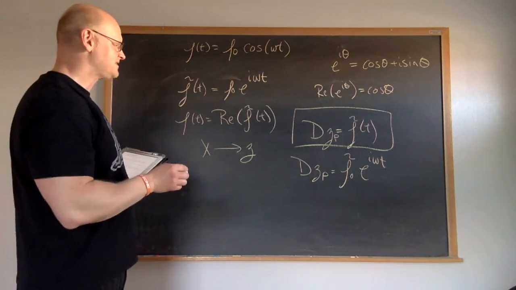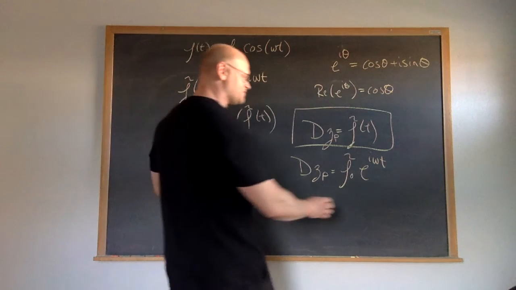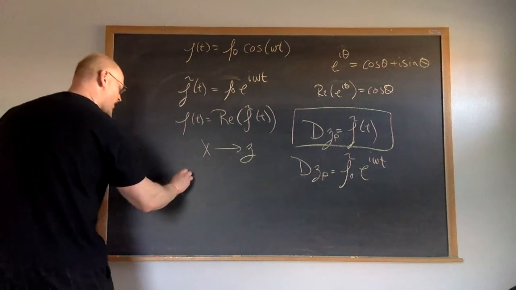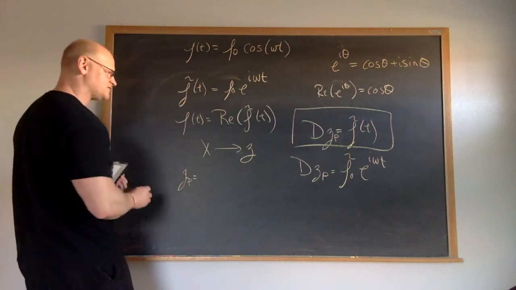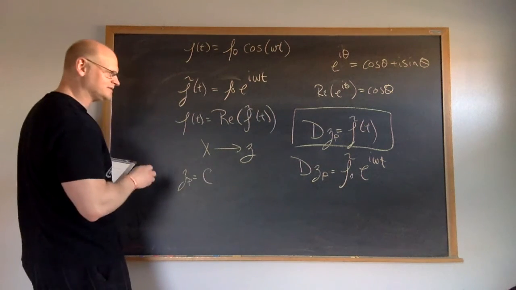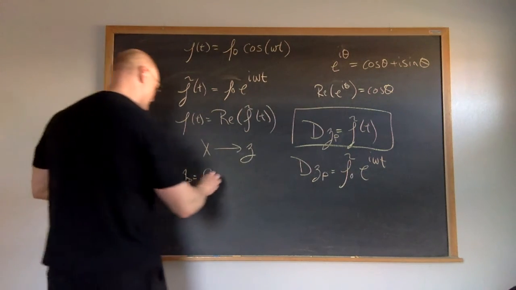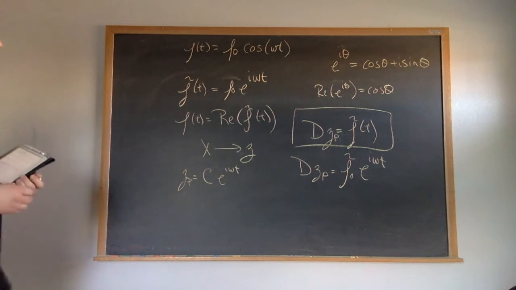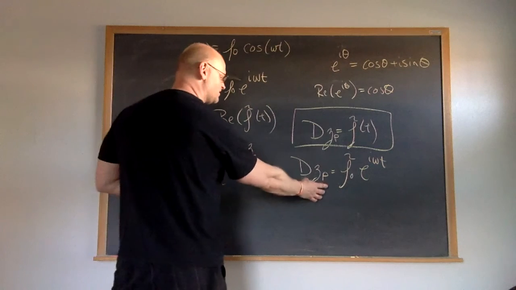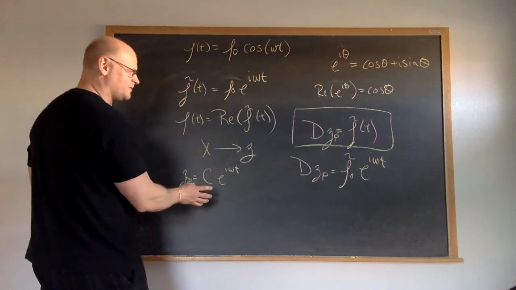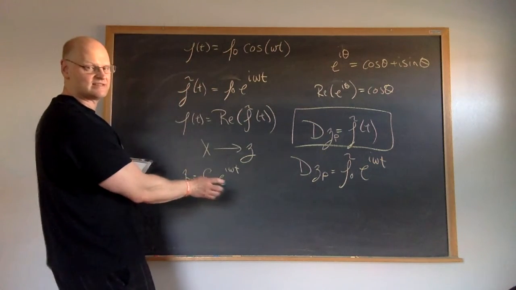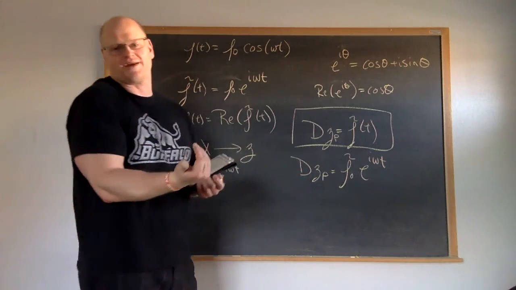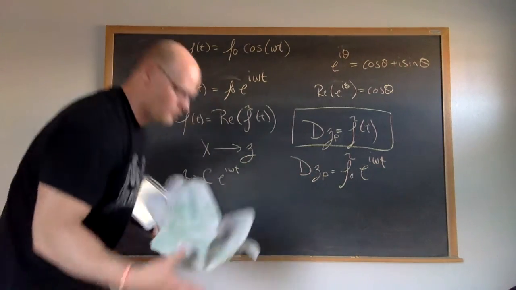Since the right-hand side is proportional to e to the i omega t, we should expect our zp, our particular solution, to be equal to some constant, let's call it c, times e to the i omega t. From here, we plug this into this expression to determine exactly what this coefficient is. The nice thing is that because we're taking derivatives, we'll simply have an algebraic expression to solve for that coefficient.